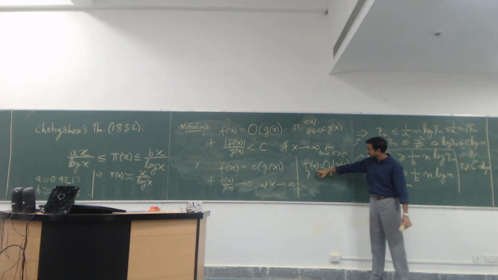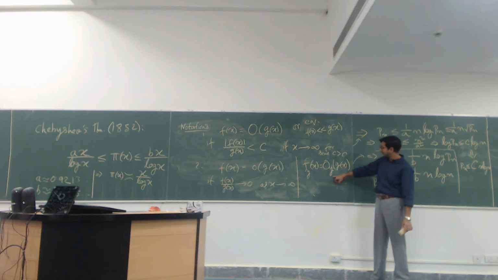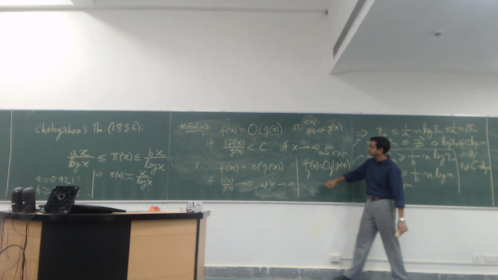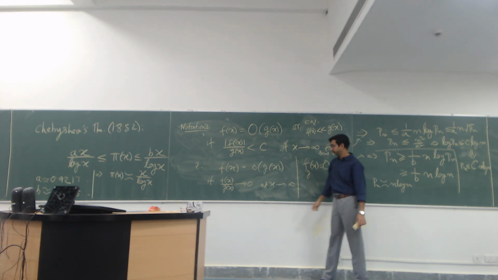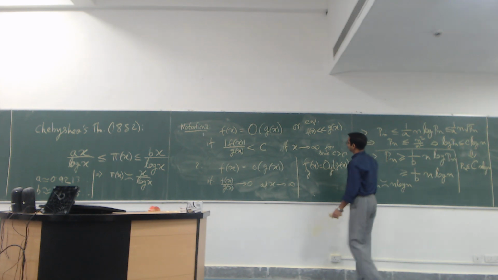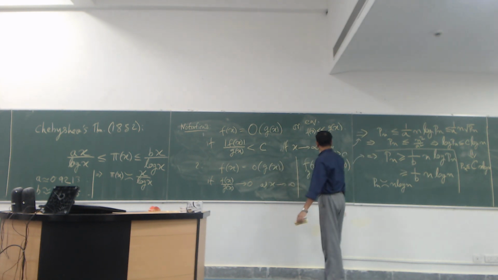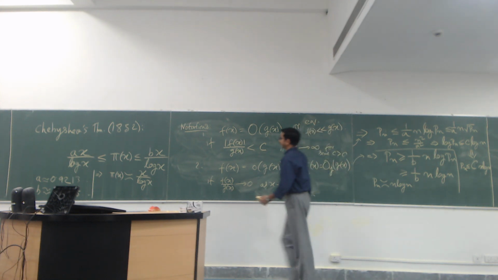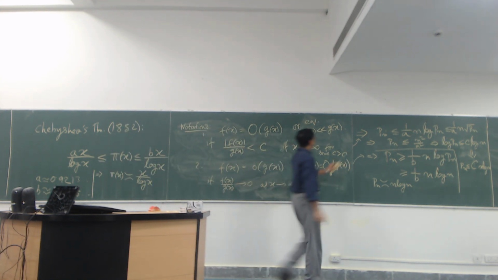This means that this function would be bounded by some constant times g(x), and that constant will be depending on y. So O sub y just means that this constant is not an absolute constant, it's depending on y. And the same for small o as well.